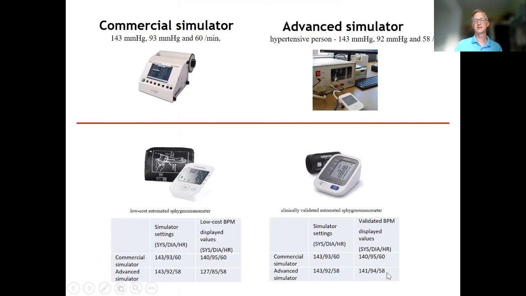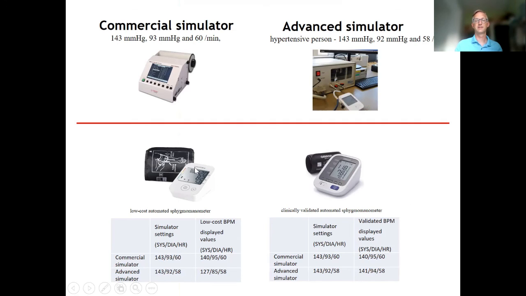The device showed this, and what we can find out is that this validated blood pressure meter is actually not far away from the commercial one, from both simulators, meaning that its error is under 3 millimeters of mercury, which is also a limit. So any device in use, at least in the European market, should never have errors larger than 3 millimeters of mercury.